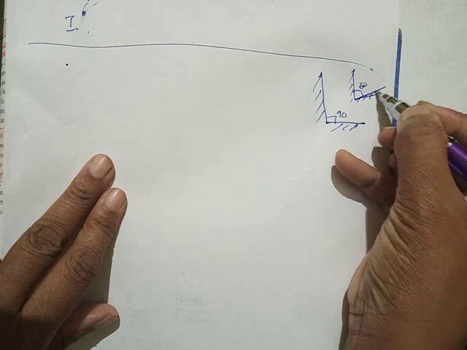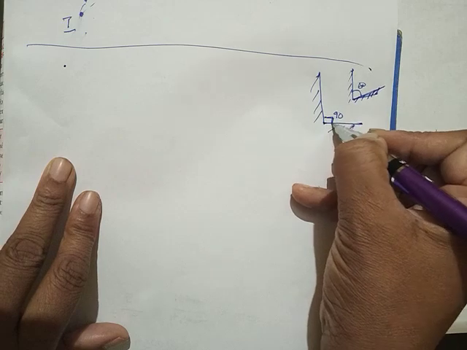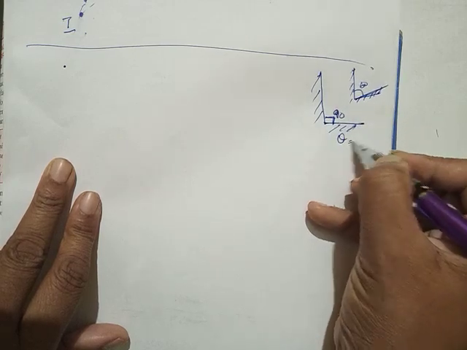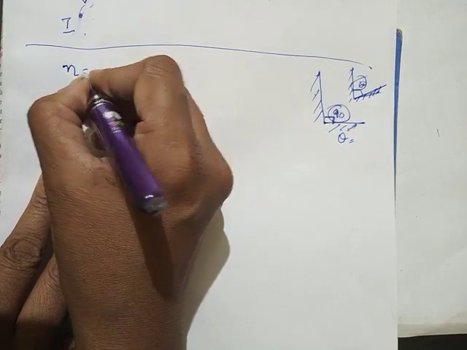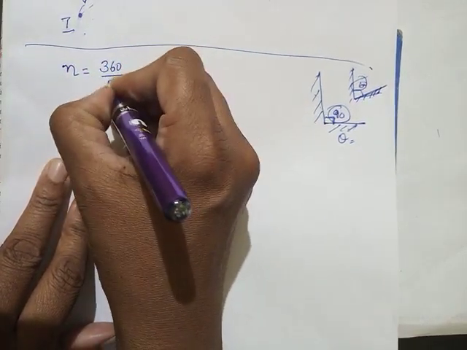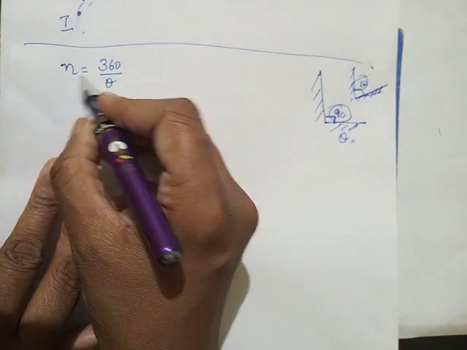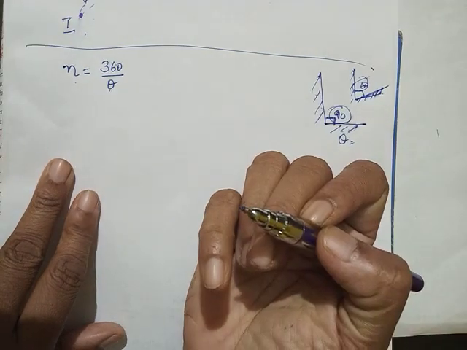In each case, you will have a different number of images. If I take the angle between the two mirrors as theta, then the number of images formed is given by the formula 360 upon theta. The number of images formed can be found using the formula 360 by theta.